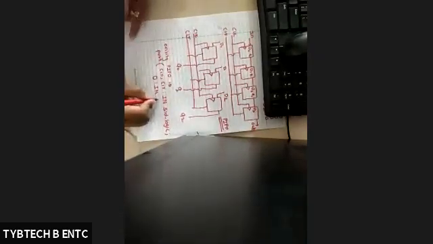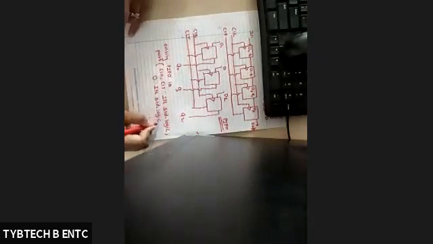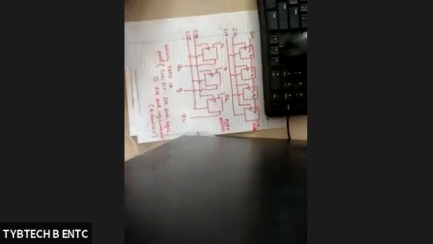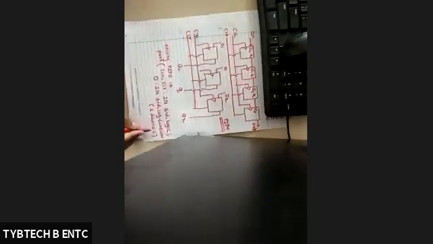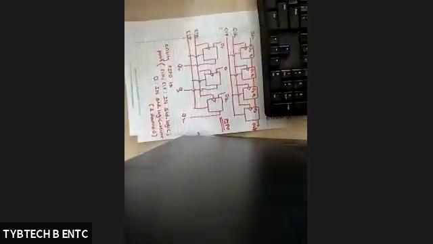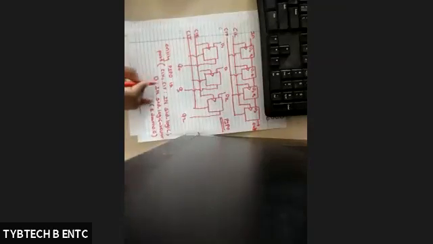So here we write std_logic_vector, 2 down to 0. 2 down to 0 means it will consider D0, D1 and D2, so it will consider it as a 3-bit signal. This is the input port.